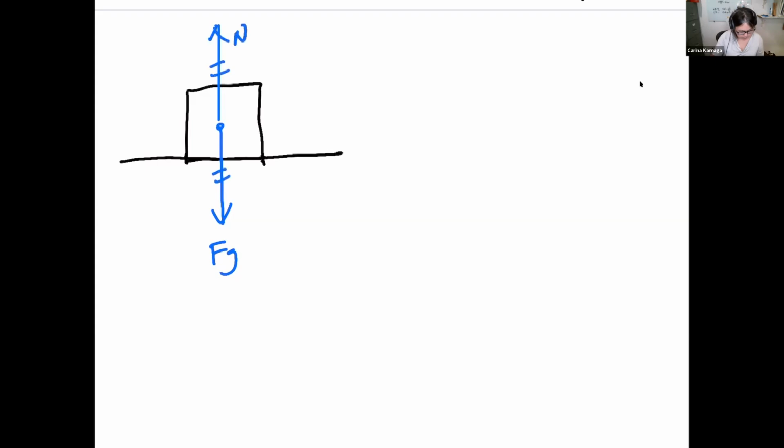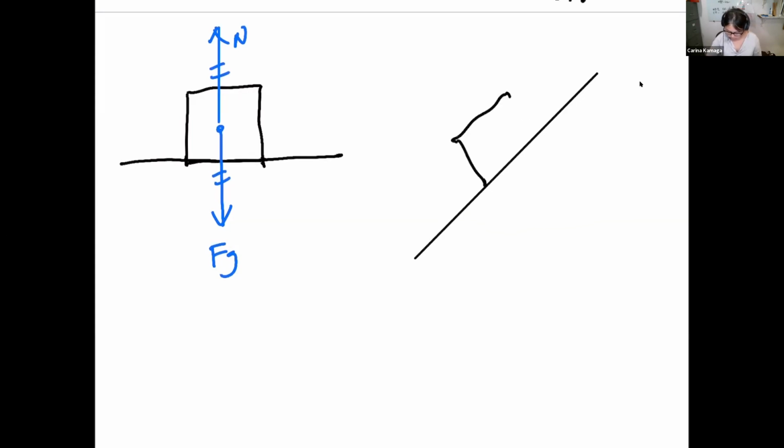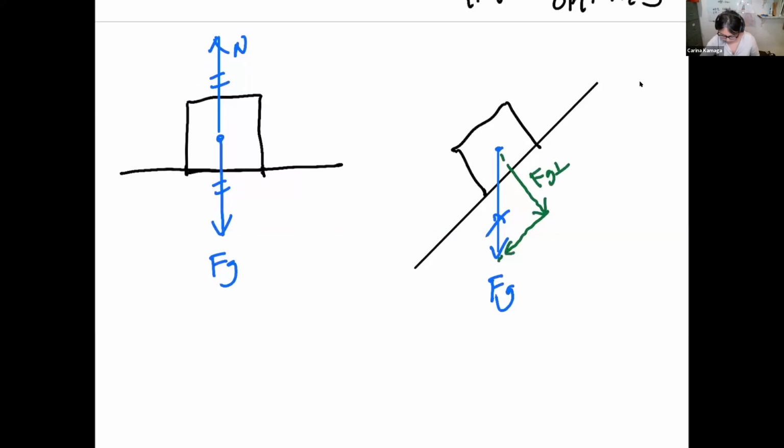And these are equal and opposite to each other. But what happens when you tilt the plane? When you tilt the plane, the gravitational force does not change, always vertically downward. And then you decompose the gravitational force into a component perpendicular to the surface and one parallel to the surface. Fg perpendicular, Fg parallel.